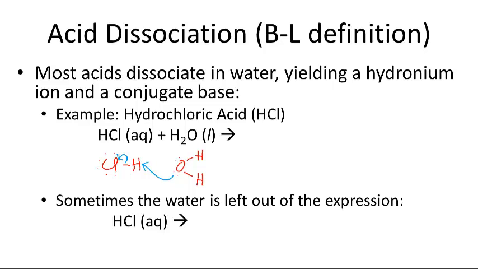These are all elementary steps where it's just one collision where this water molecule bumps into an HCl molecule and forms a bond to the hydrogen and breaks the HCl bond. So they would make H3O plus and Cl minus.